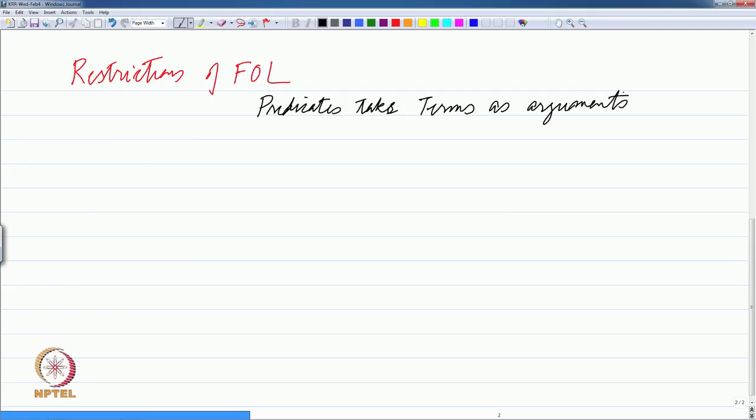So, that is the first thing you must realize, that predicates take terms as arguments. So, whenever you have a predicate, so for example, if you have p of x y z, then x y z can only be terms essentially. What is the implication of this? That you cannot, how do you express something like this?